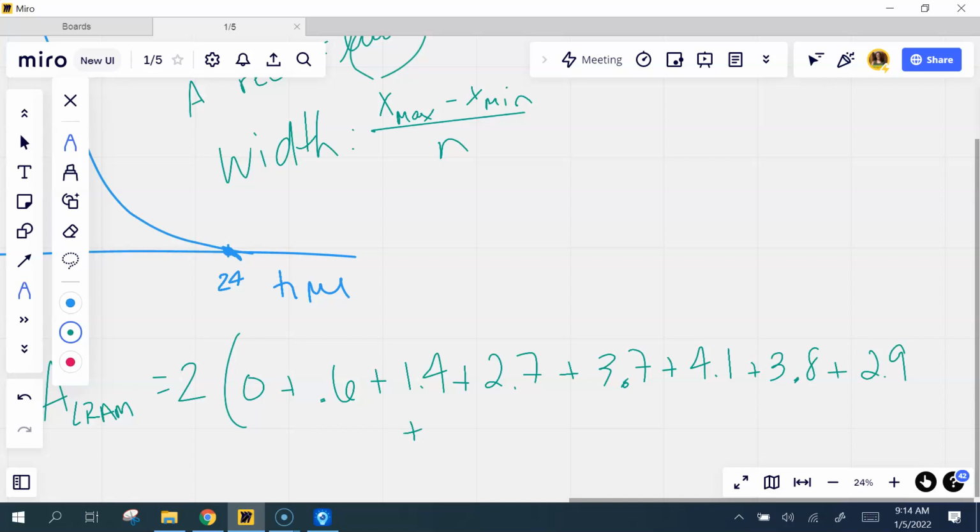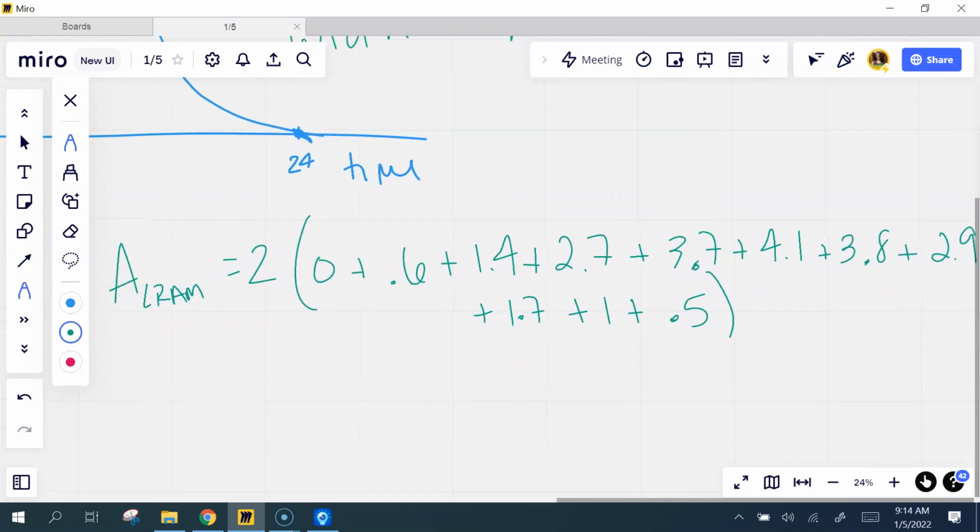What? No, because I don't have a calculator up here. And I'm going to stop at 0.5 because I don't want that last point. If you get it as a multiple choice, 22.4 without the double. I mean, did you multiply by 2?